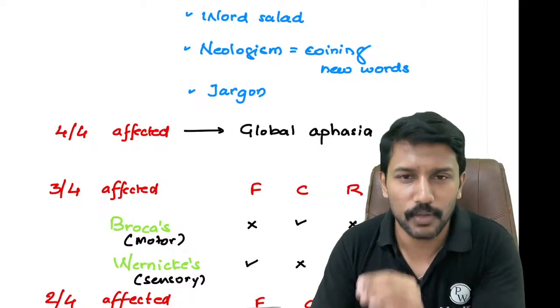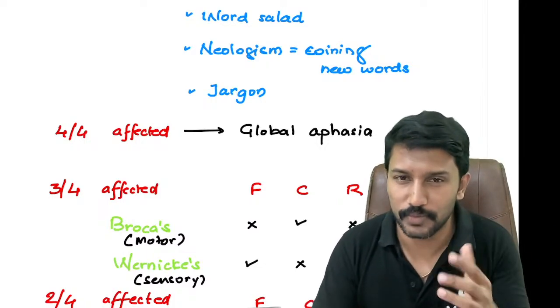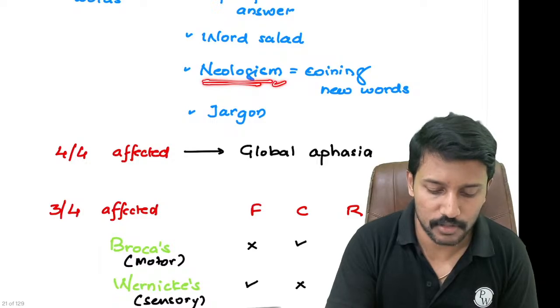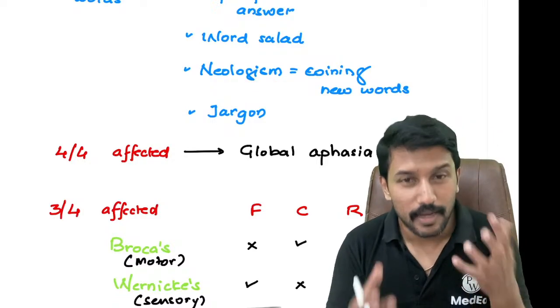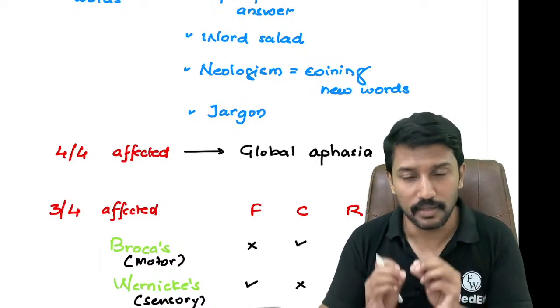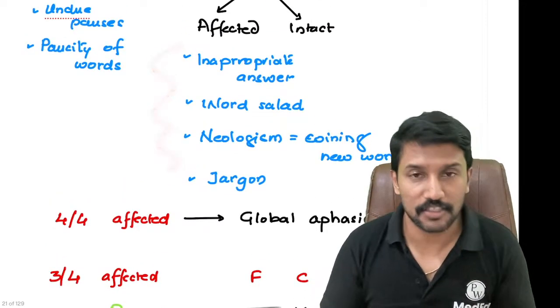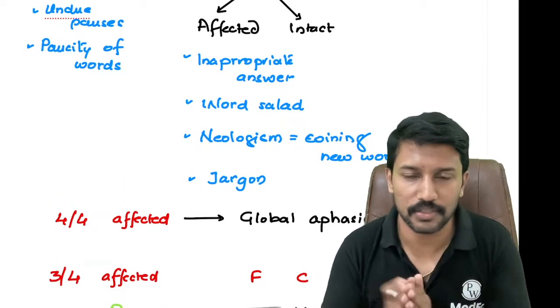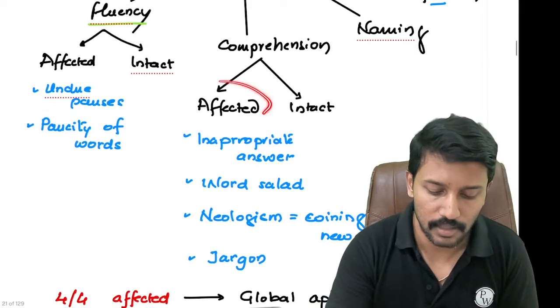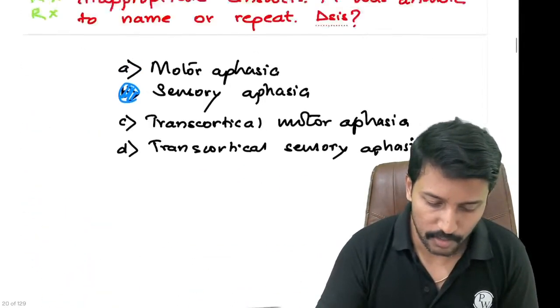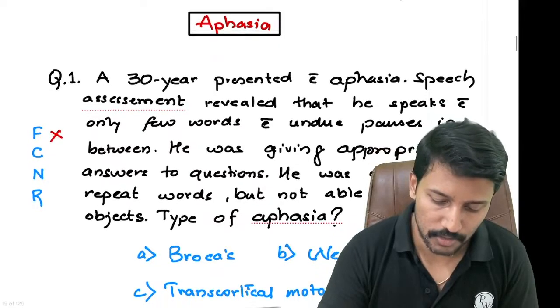But if your day-to-day regular patients are throwing some complex words, maybe they are doing that because their comprehension is gone and they are bringing in new words. And because of that, the speech now starts appearing full of jargon. So if you see these words, inappropriate answer, word salad, neologism or jargon, it means the comprehension is affected. Comprehension is gone. Now look at this question and tell me what is happening with this patient's comprehension.